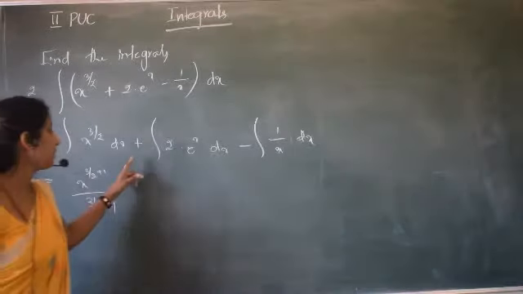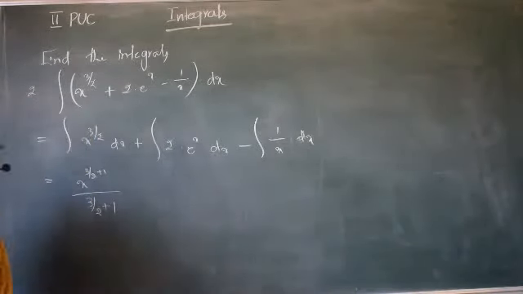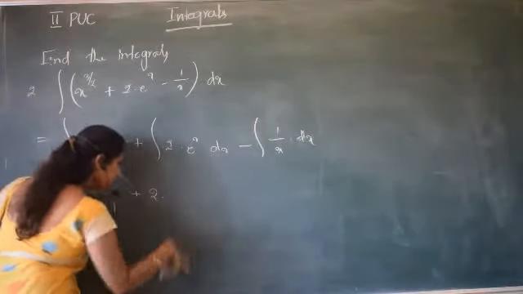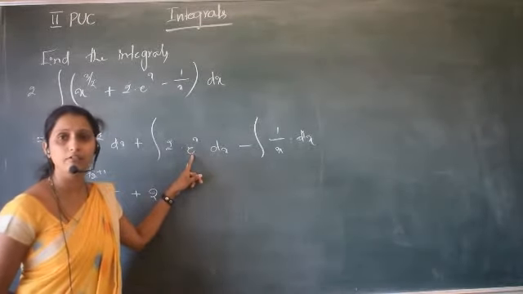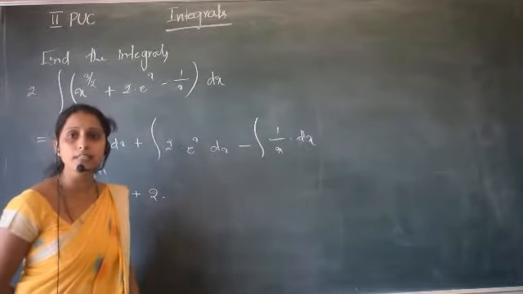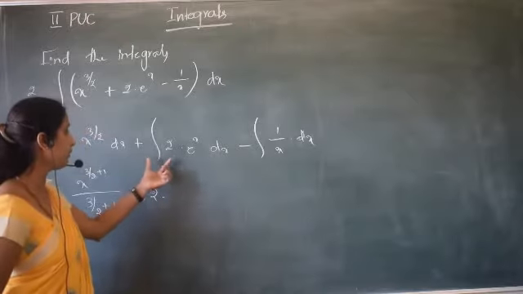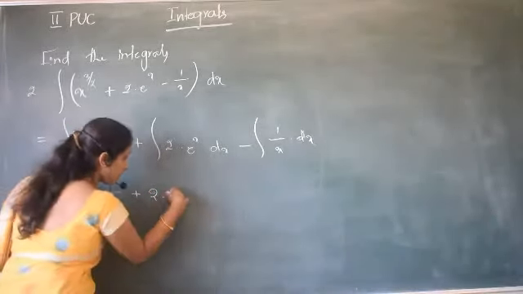Then now it is a plus integral of constant into function, which is constant into the integral of the function. We know that the integral of e power x is e power x only, since the derivative of e power x is also e power x. So 2 is a constant into the integral of e power x, which is e power x.